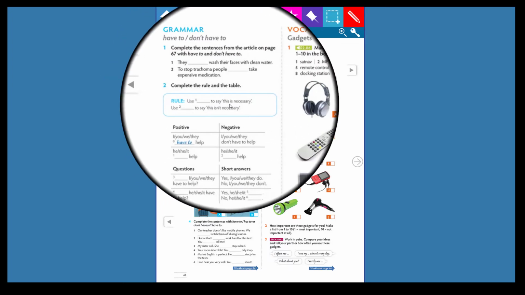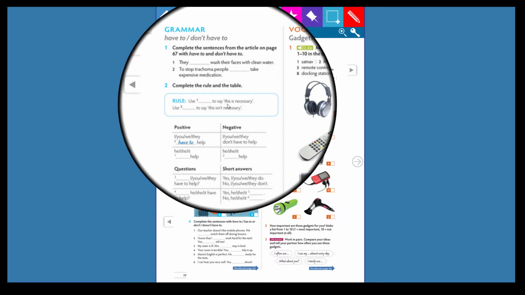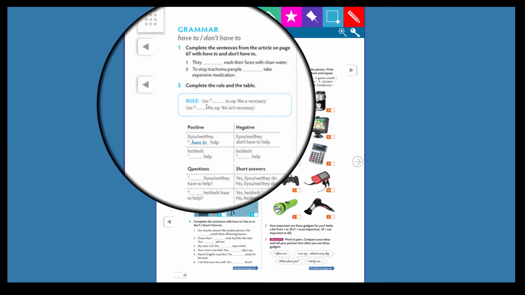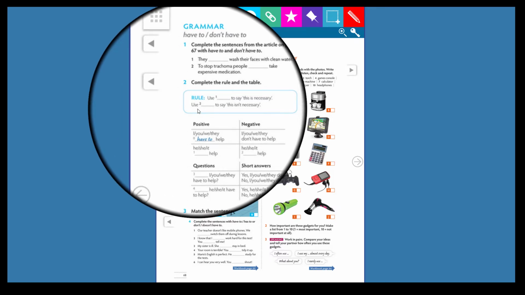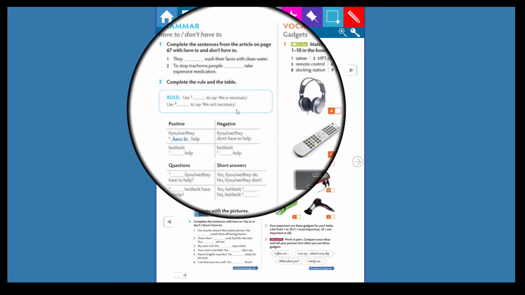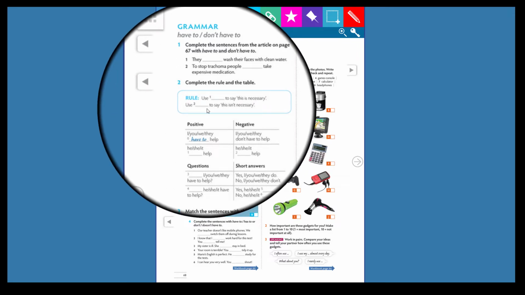Use to say this is necessary. What do you think? Use have to. Very good. Use to say this isn't necessary. What do you think? Don't have to. Correct. Very good.